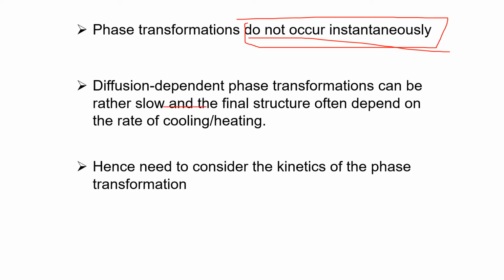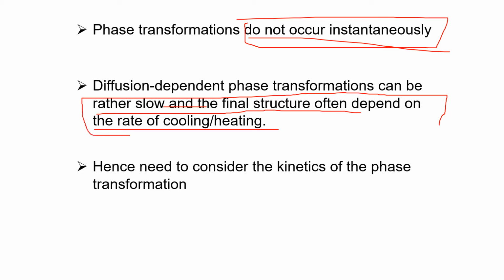Diffusion dependent phase transformation can be rather slow, and the final structure often depends on the rate of cooling or rate of heating, which is a part of the heat treatment process. So diffusion dependent processes depend upon very slow cooling or very slow heating.